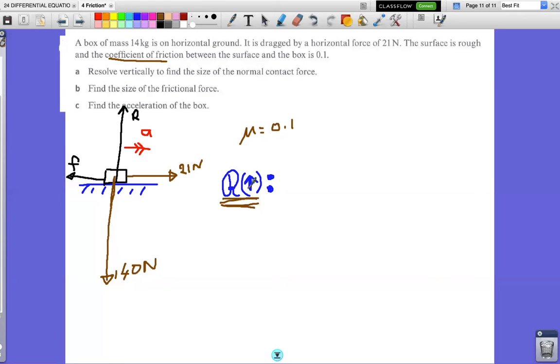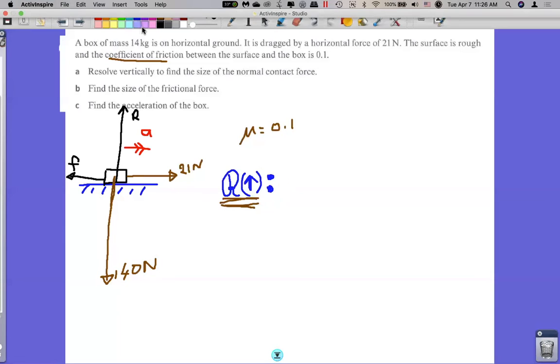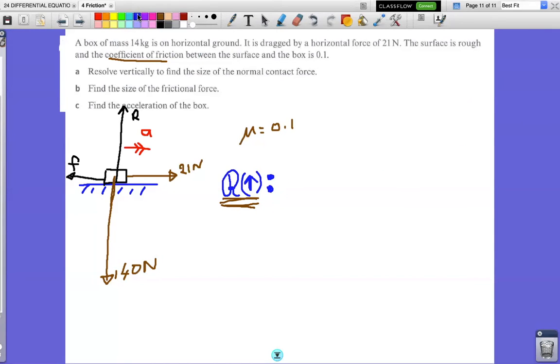This means you are applying Newton's second law vertically. So either you use this or you explain in words that you apply Newton's second law vertically or consider forces vertically. You have to state that, not just write down the equation. In mathematics, you have to be very clear in what you are doing. It's like you are talking to somebody, so you have to be clear in your speech.